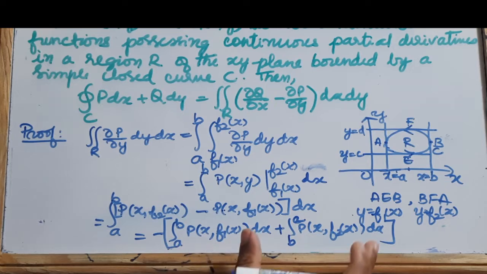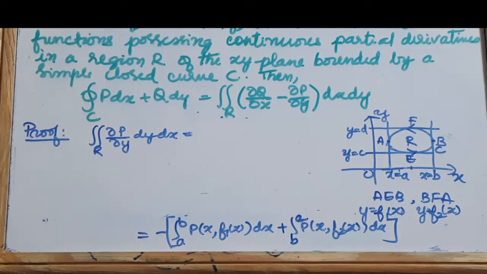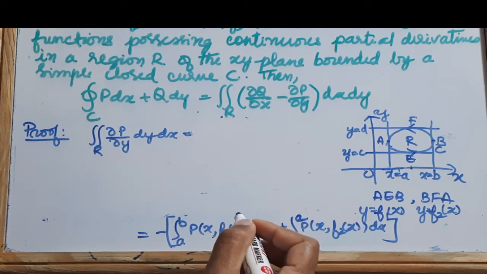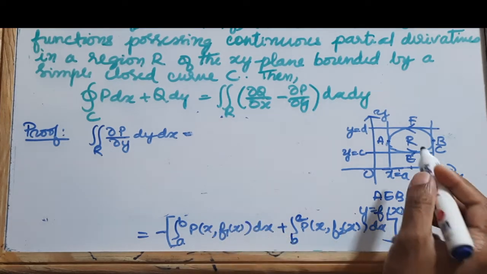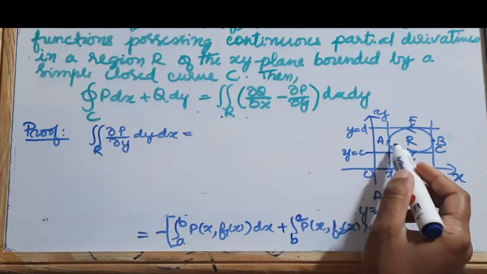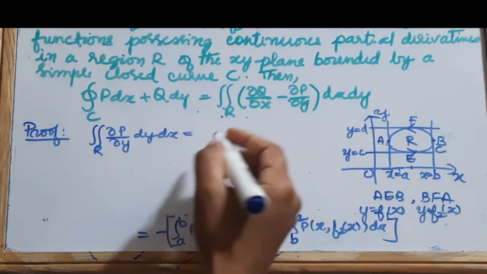So if I combine these two now, what do I have? This is nothing but integral a to b P(x, f1(x)), and f1(x) is this curve. Okay, so this is integral a to b over this particular curve.